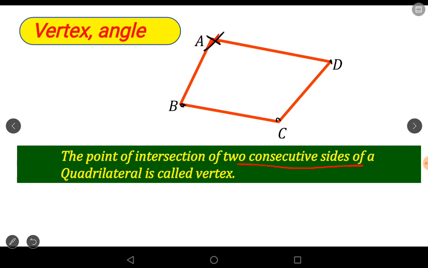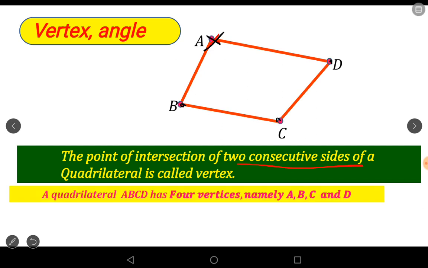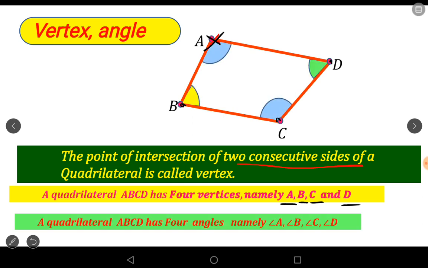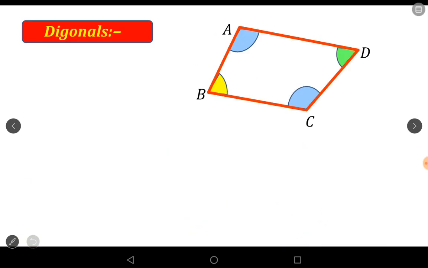So quadrilateral ABCD has four vertices, namely A, B, C and D. And four angles. Any quadrilateral has four interior angles: angle A, angle B, angle C and angle D.